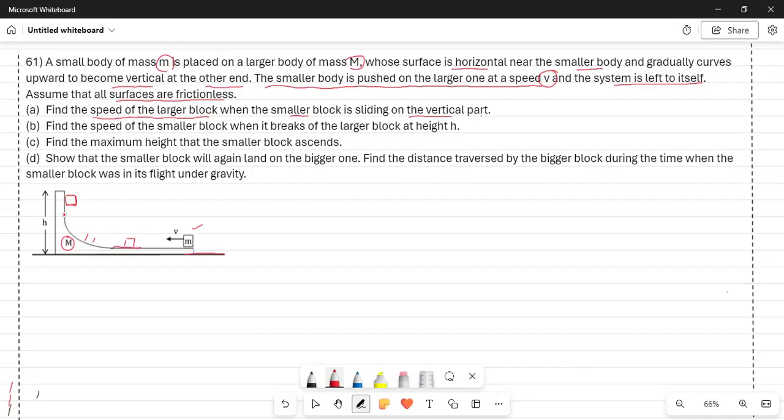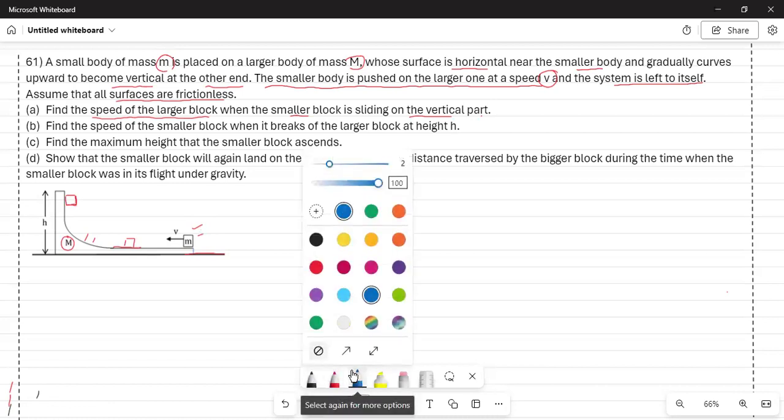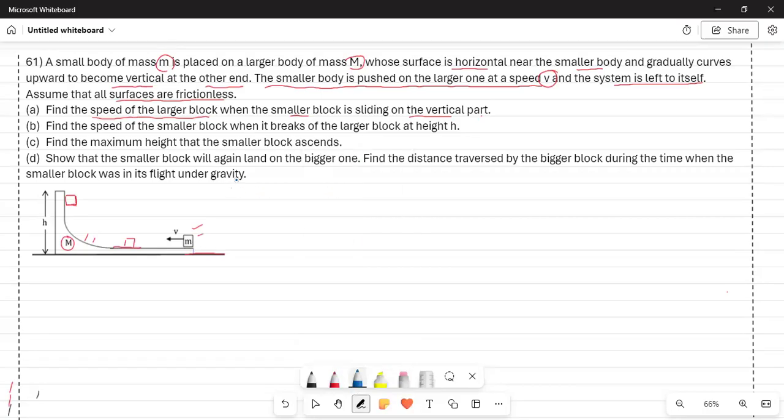So the problem is a kind of perfectly inelastic collision, where the final velocity pertains to both the blocks together, and the initial velocity is the velocity of the smaller block only. With that concept, we start first.